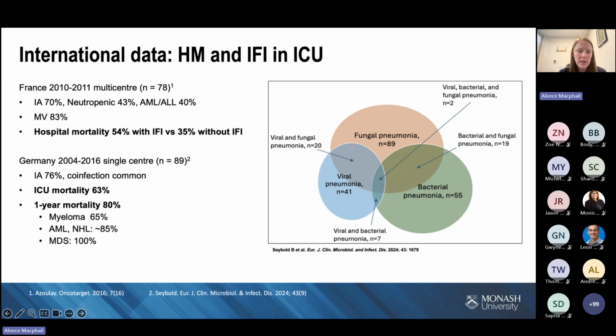I think the take-home messages are, in terms of who these patients are, again, about 3/4 have invasive aspergillus. Not all are neutropenic and not all are acute leukemia or stem cell transplant patients. So about 40% neutropenic, about 40% acute leukaemia. And the mortality was high.